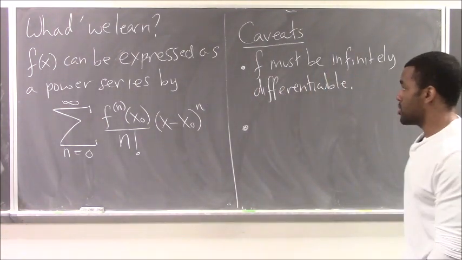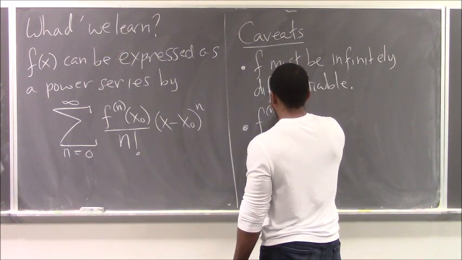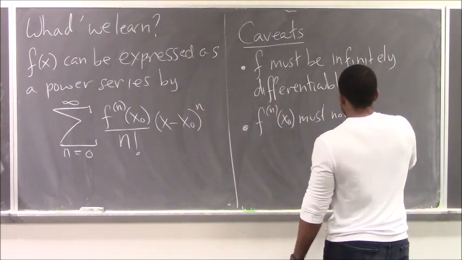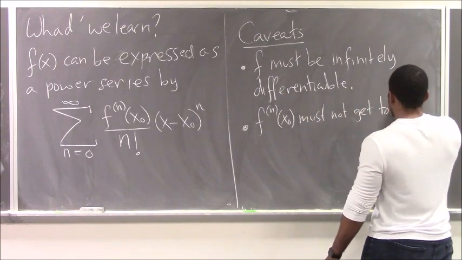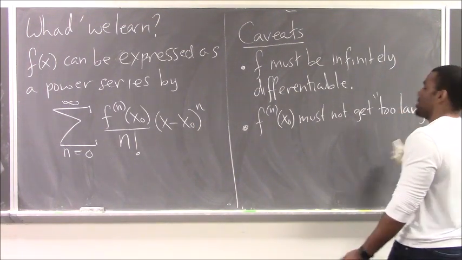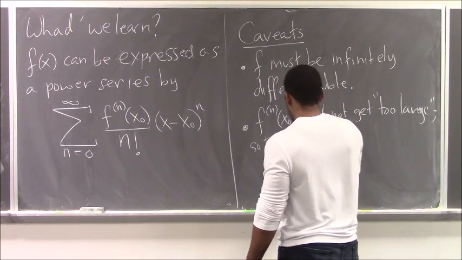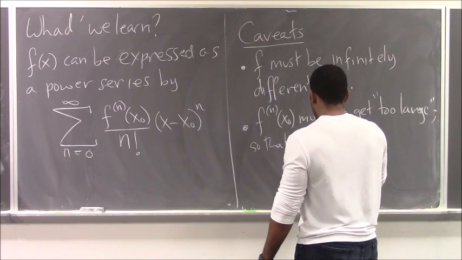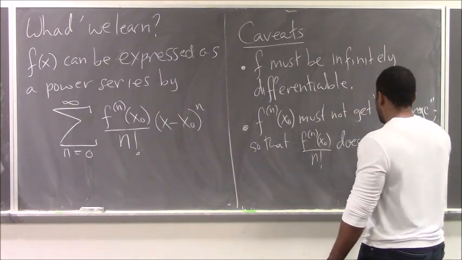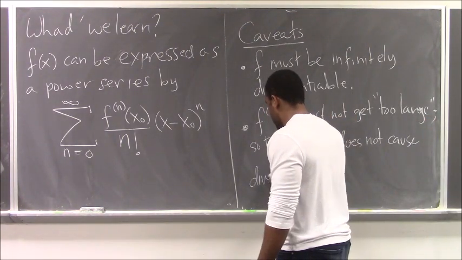So the next caveat is the nth derivative of f at x naught must not get too large. Too large specifically means that f to the n of x naught divided by n factorial does not cause divergence in the ratio test.